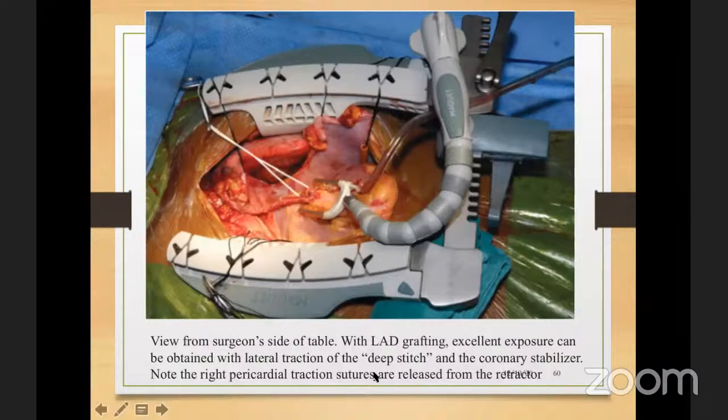Here it shows the LAD grafting. The exposure is obtained by releasing the right pericardial traction and the lateral traction with the deep sutures, and the use of the coronary stabilizer.